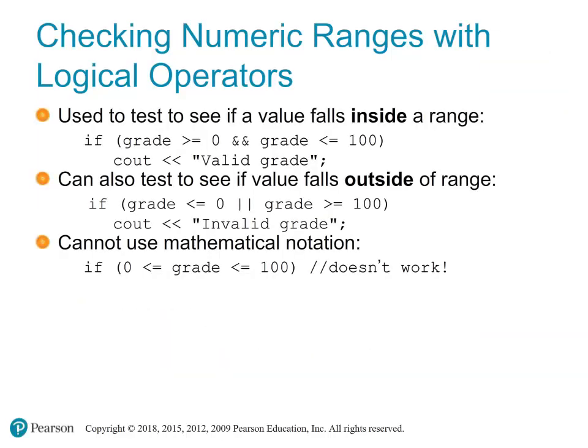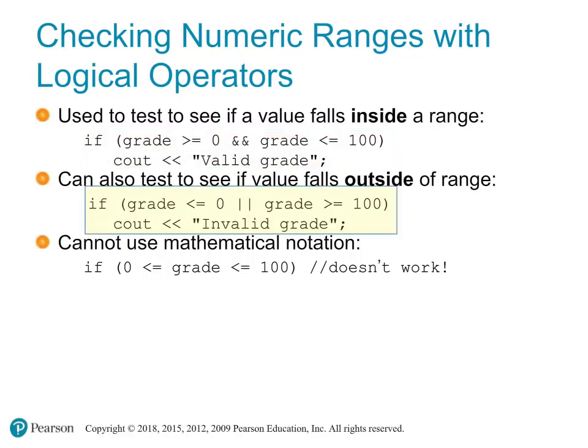Logical operators can be used to test if a value falls within or outside of a specific range. So use the AND operator to check if a value is within a range. Here, the grade is considered valid only if it is between 0 and 100 inclusive.